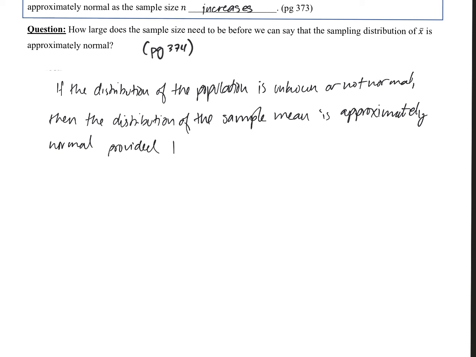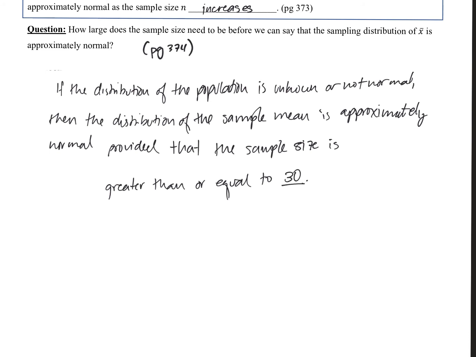So provided, and here's where the magic happens, provided that the sample size is what? Greater than or equal to, and here's the drum roll, 30. And you can take a look in the book and see what happens, but basically as you start to slowly end up with the mean closer and closer to 25, it starts to look pretty much like the normal curve. But to be safe, people bumped it and said, let's go ahead with n equal to 30.